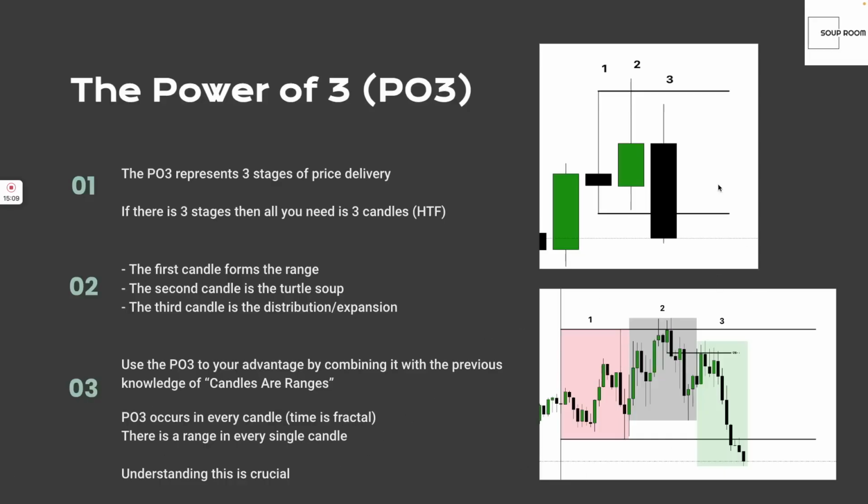This is very important to understand. Please pause the video, rewind, rewatch this as many times as you need. Understanding these 2 images is the most important factor to determining bias and executing trades successfully.